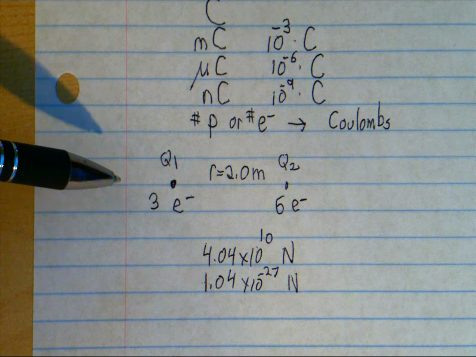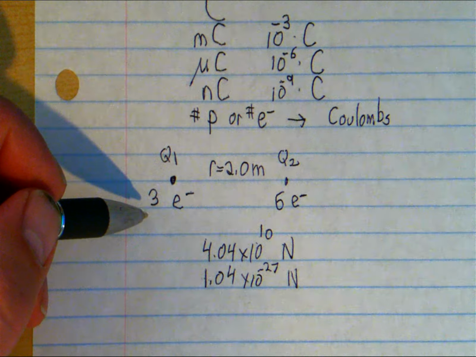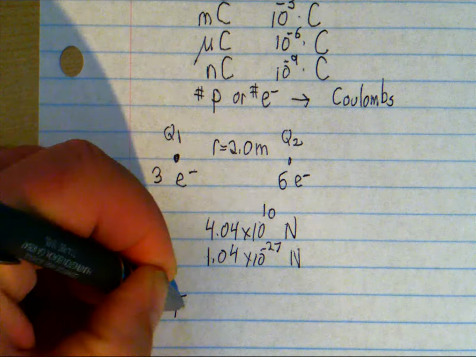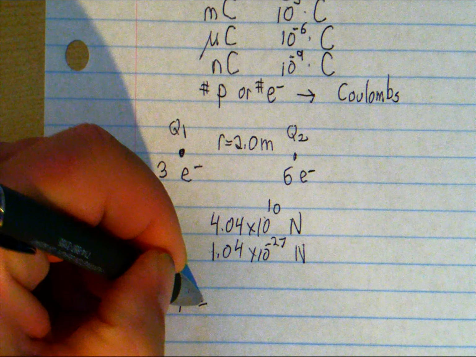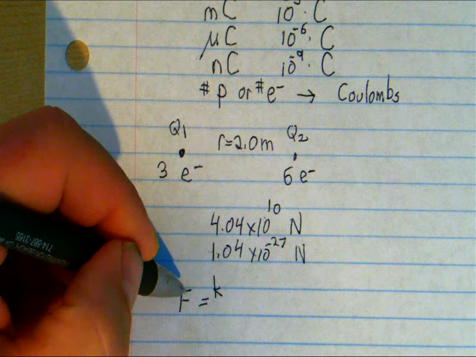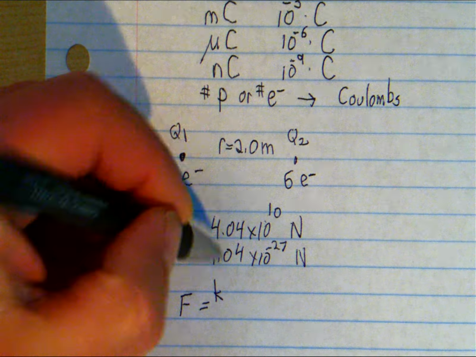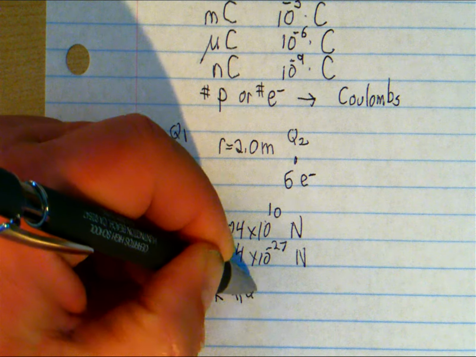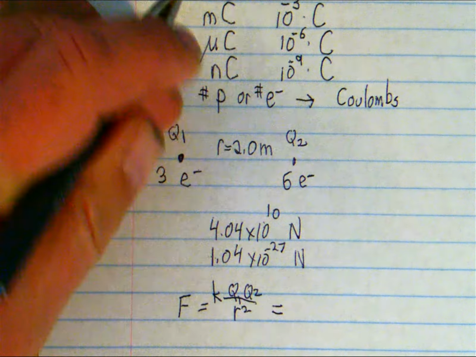So here's how I would have solved this problem. Of course, we're going to be just plugging it into Coulomb's law equation. Everything to the right of the equal sign is given. So K Q1 Q2 over R squared is the formula.